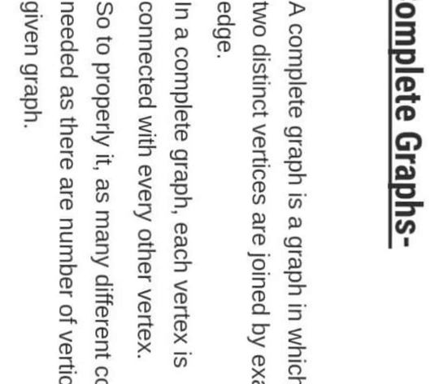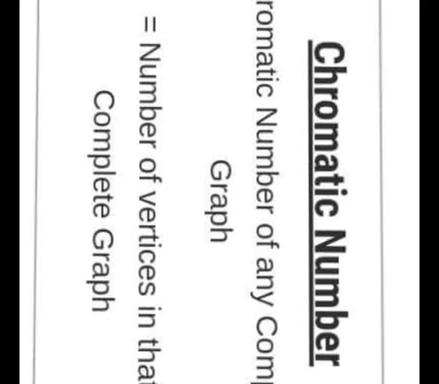So to color it properly, as many different colors are needed as there are vertices in the given graph. The chromatic number for any complete graph is the number of vertices in that graph.